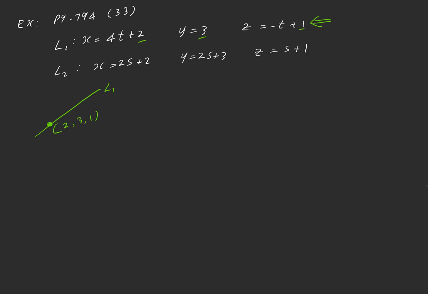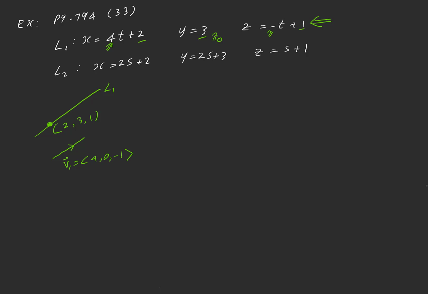And we also know the direction vector V1. How do we find the direction vector? It's the coefficient of t: 4 here, 0 here, and negative 1 here. So V1 is (4, 0, -1).